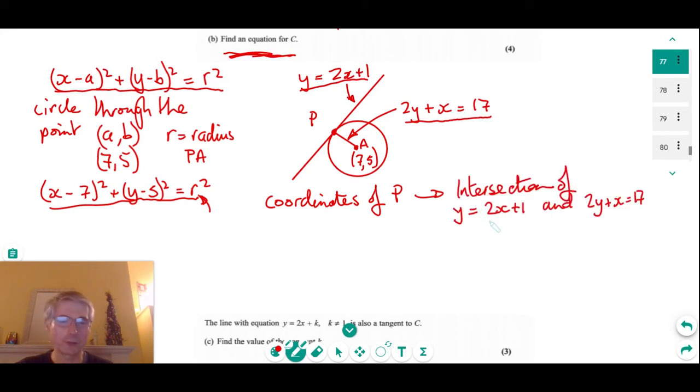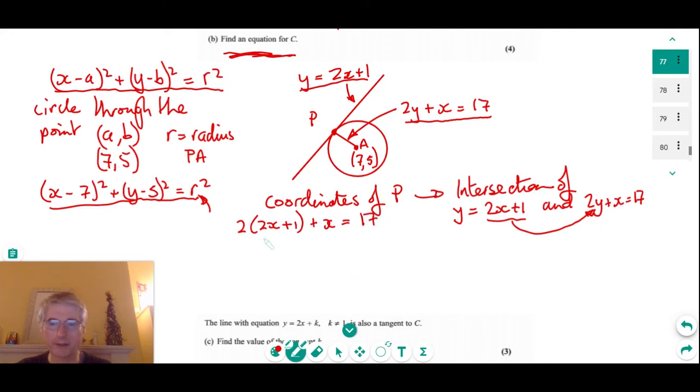So in order to do this, I'm going to substitute in the 2x plus 1. I'm going to replace the y in the other equation by that, and then I can solve it for x. So what I'll get is 2 times (2x plus 1) plus the x equals 17.